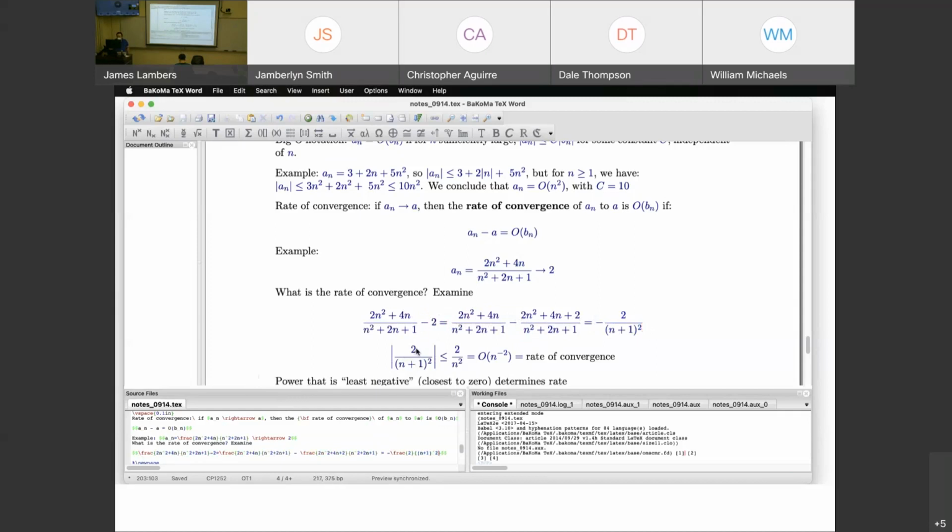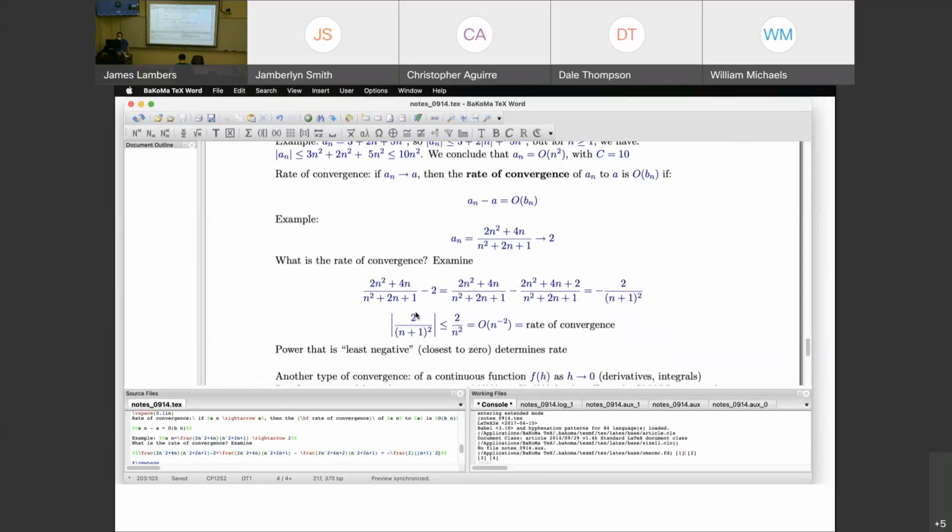Now remember, to get the simplest upper bound possible, I can perform any algebraic manipulation that makes the whole expression larger. For example, if I make the denominator smaller, it makes the fraction larger. So I can say that this is less than or equal to 2 over n squared. So in other words, the rate of convergence is big O of n to the minus 2.